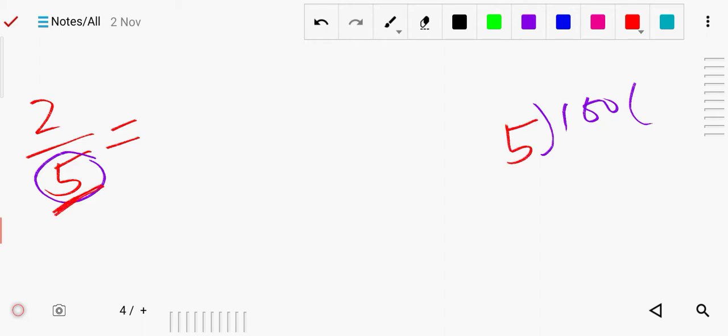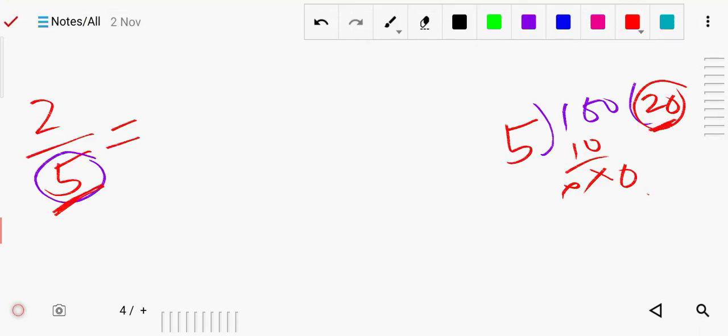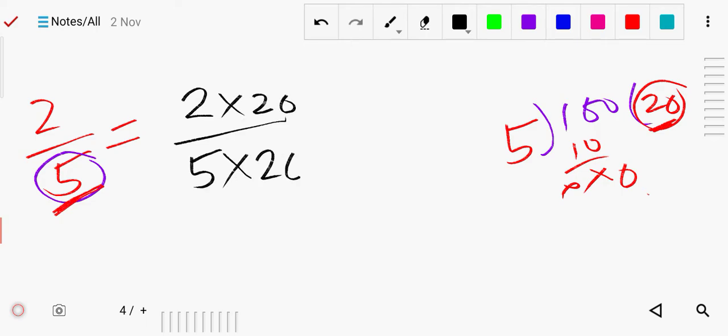So 5, how many times? 5 2s are 10. Okay, for 0 we cannot divide further, so write 0 there. It means 20. So now we got the number, so we can multiply this 20 to the numerator as well as the denominator.